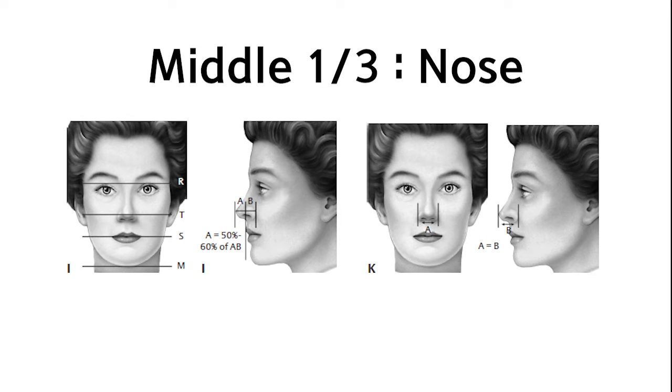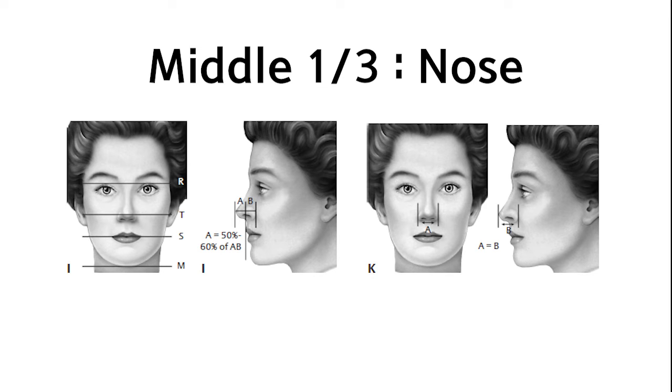If more than 60% of the tip is anterior to the vertical line, the tip is over-projected and should be reduced. If less than 50% of the line lies anterior to it, projection is inadequate and should be augmented. As a clinical tip, this relationship only holds true if the upper lip projection is normal.